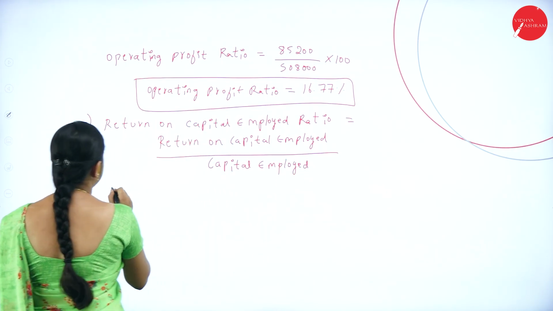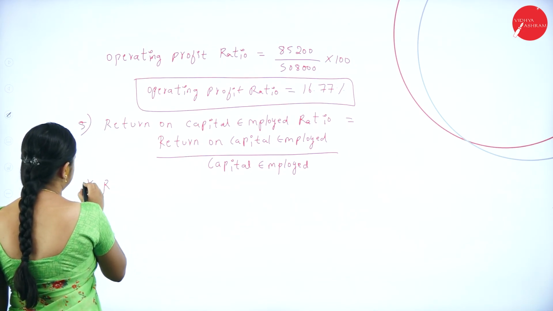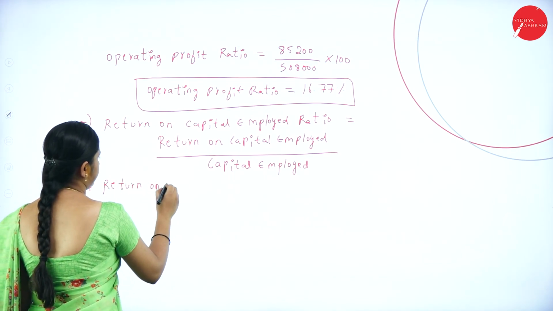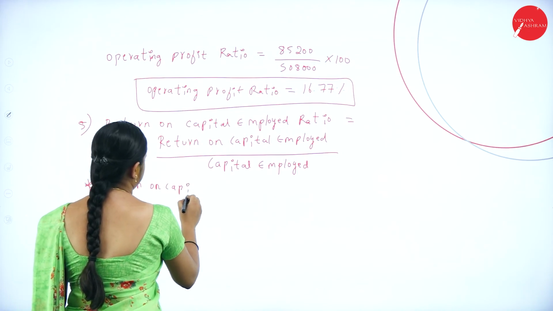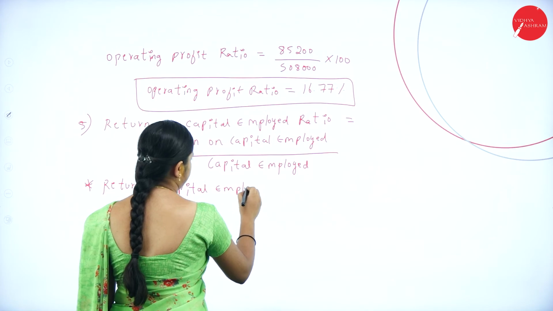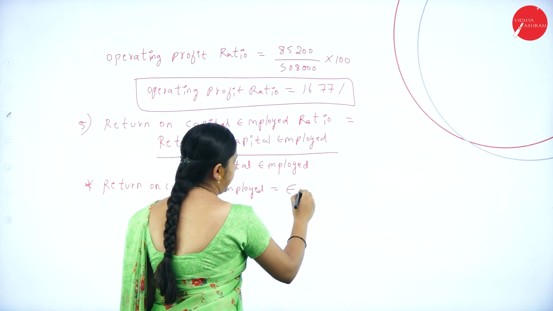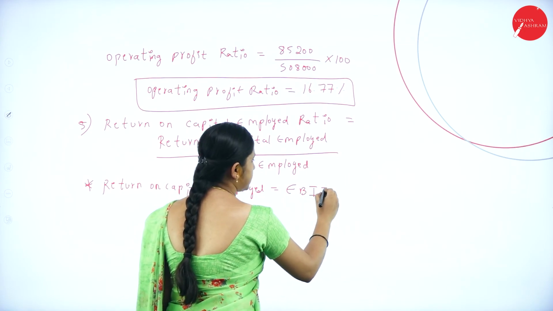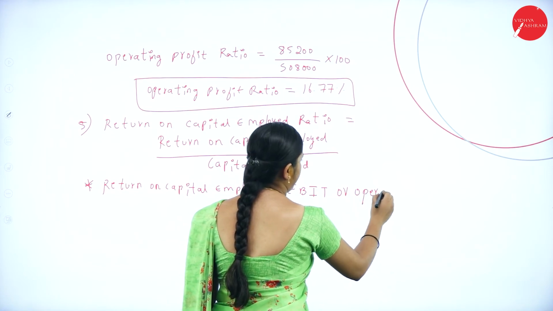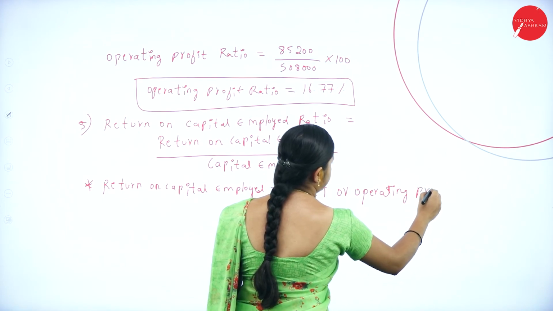So return on capital employed is equal to EBIT, earning before interest and tax, or operating profit.